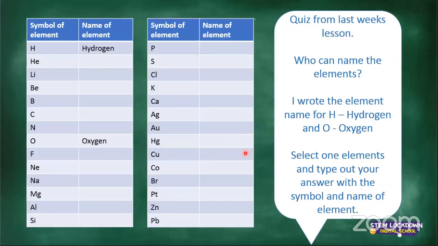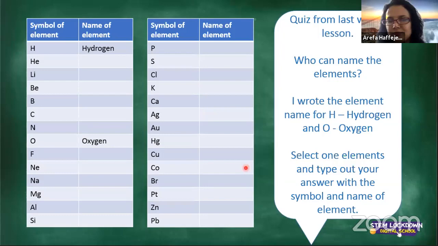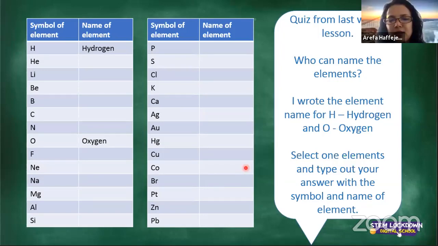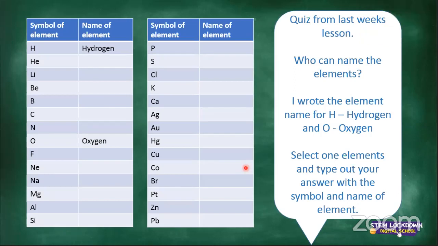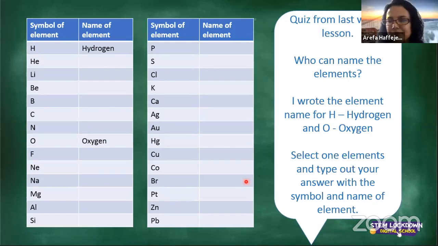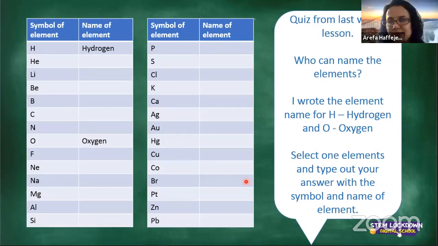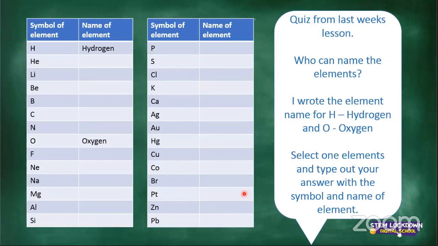Yes. Co is for carbon. No, Co starts with C-o, and it is cobalt. Yes, that's correct. Cobalt. And Br is for bromine. Yes. Pt is for platinum.